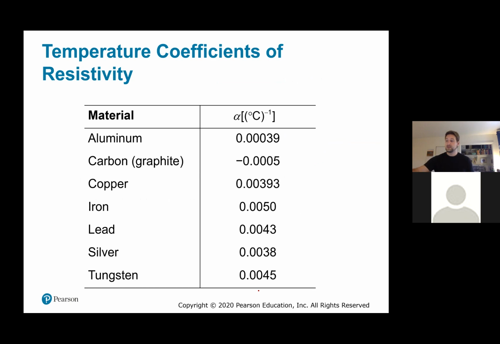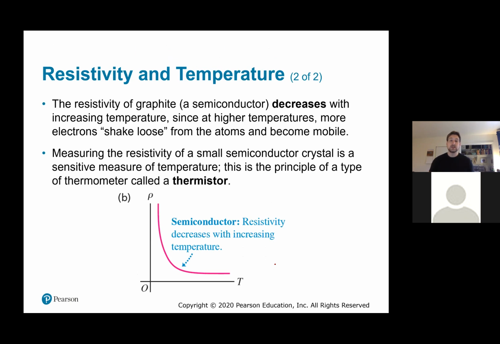Of note here is this value, that it's negative. It's negative because graphite is a semiconductor, and that is the kind of explanation that I just gave about how resistivity changes with temperature.